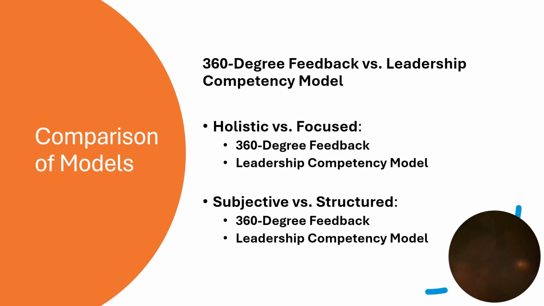As far as the leadership competency model, it contrasts, and it is more focused and emphasizes specific predefined leadership competencies such as communication, problem solving, and adaptability. It does, however, assess the leader's demonstrations on these key competencies within the organization.